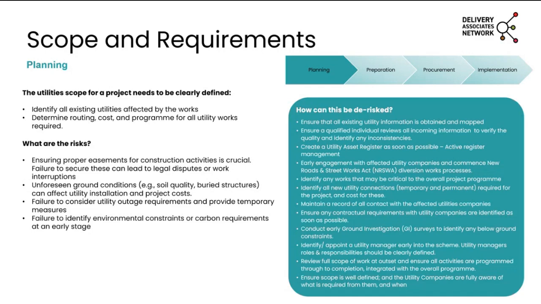Ensuring any contractual requirements with the utility companies are identified as soon as possible. So Daryl talked about the C process earlier through NERSRA. Again, that's specific to highway works and it's what utility companies are familiar with.